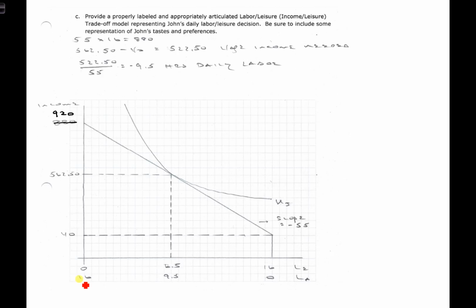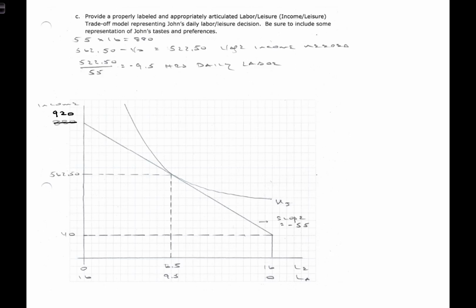So with 16 hours of labor at $880 plus the $40 endowment, if John does nothing but work, John's going to have $920. But we know that John's not going to only work. We know that John only has a budget requirement of $562.50 a day.